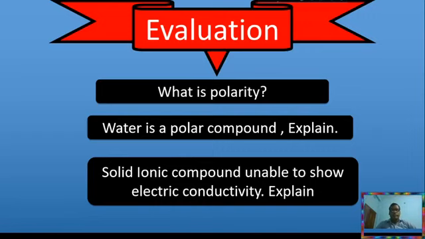That's why they are unable to produce electricity. But if we melt the solid ionic compounds or dissolve them in water or another solution, then they will produce ions. That's why the molten or dissolved ionic compound will conduct electricity.